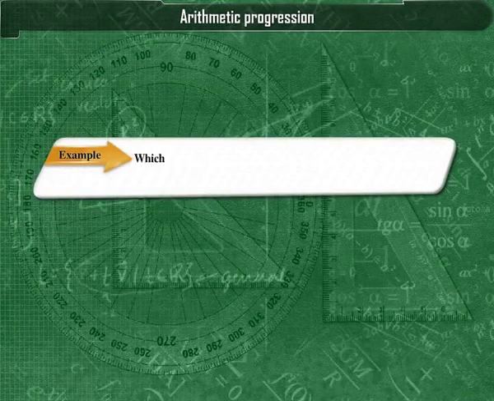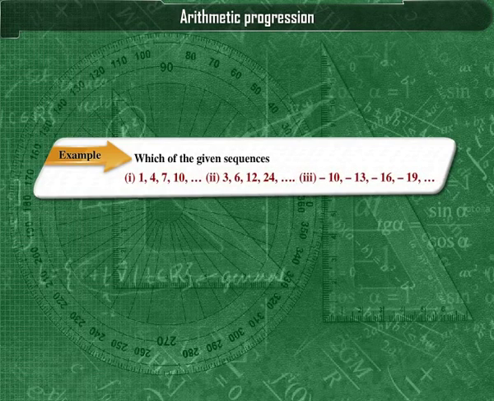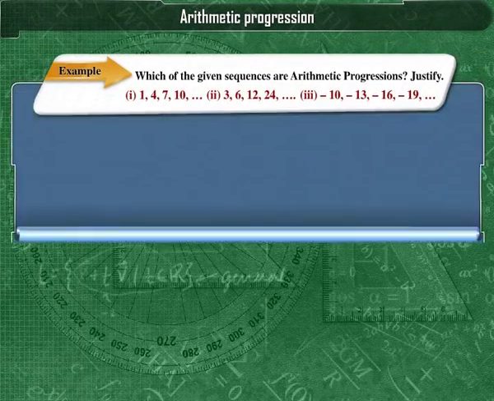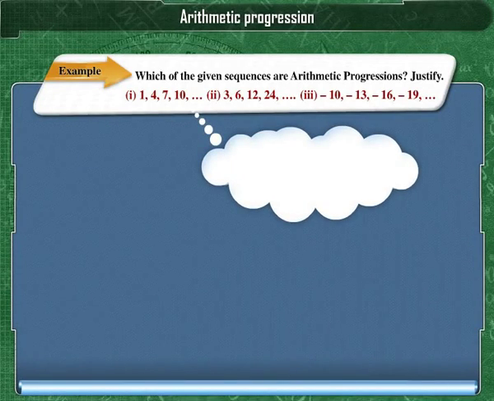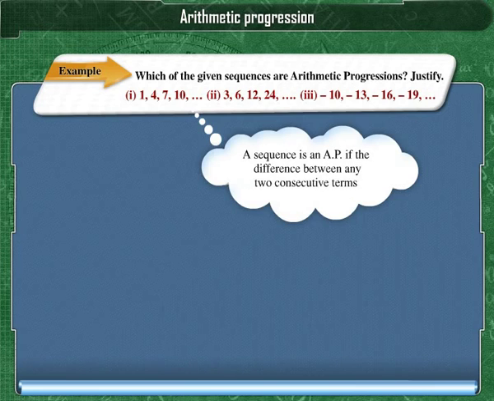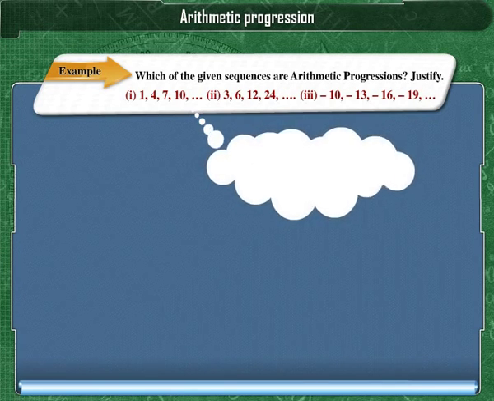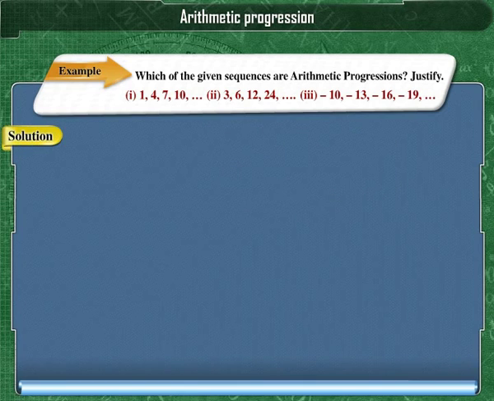We have to find whether the given sequences are AP or not. We know that a sequence is an AP if the difference between any two consecutive terms is constant. Let us take the sequences one by one.